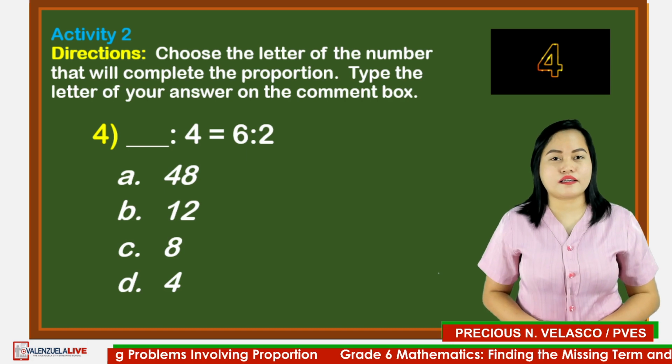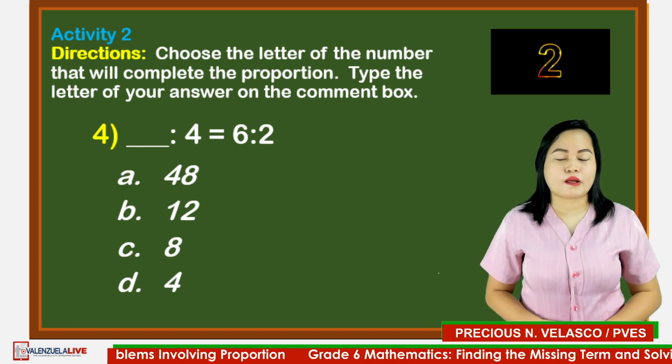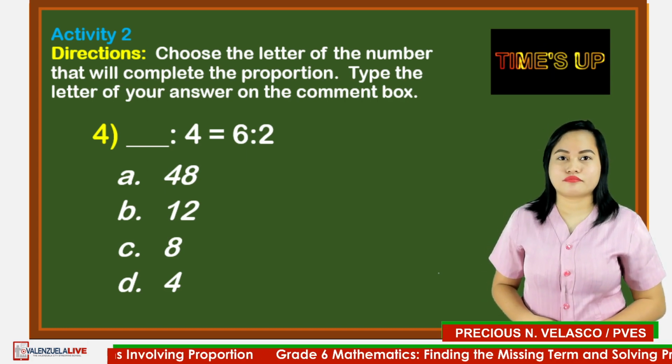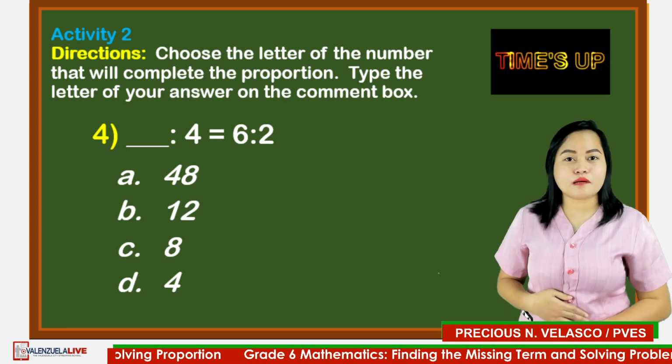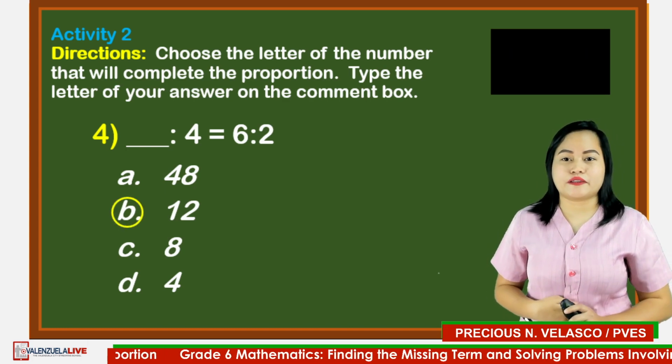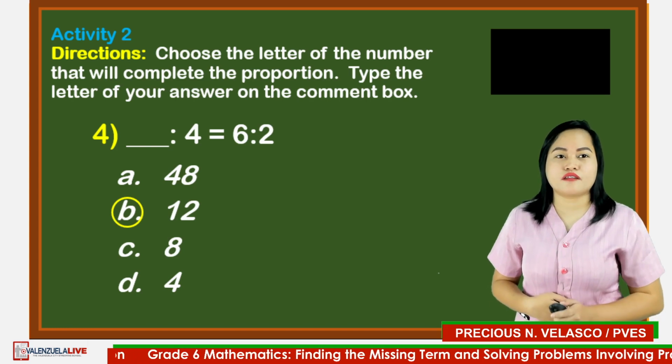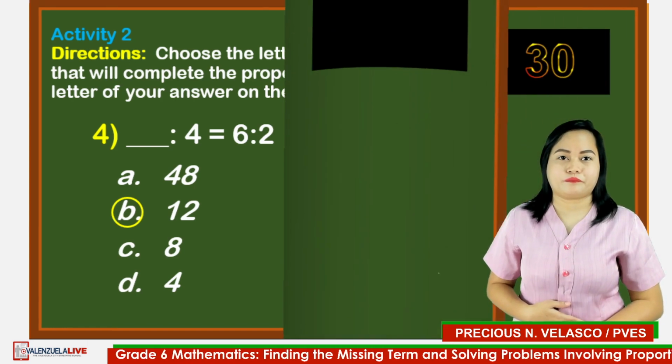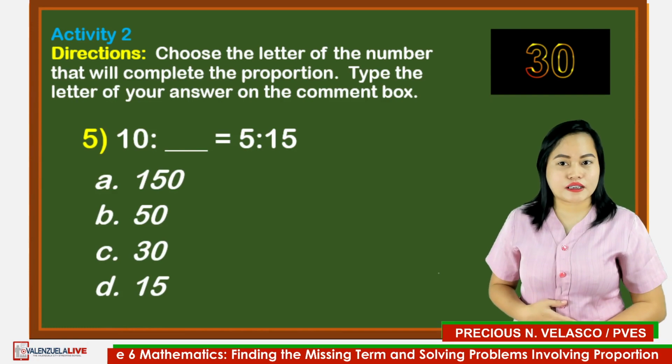Last 5 seconds. Okay, so time's up. Let's reveal the correct answer. Okay, so it's letter B. Next, and for the last number, another 30 seconds.